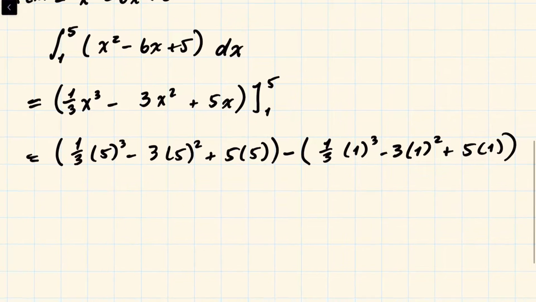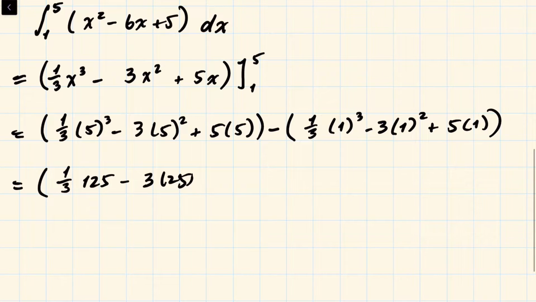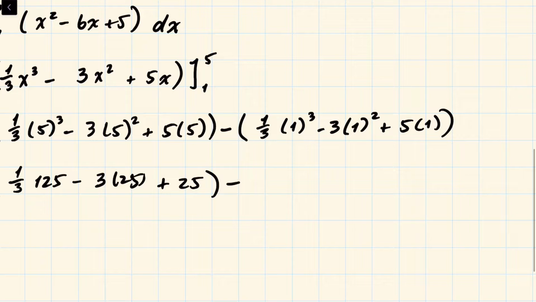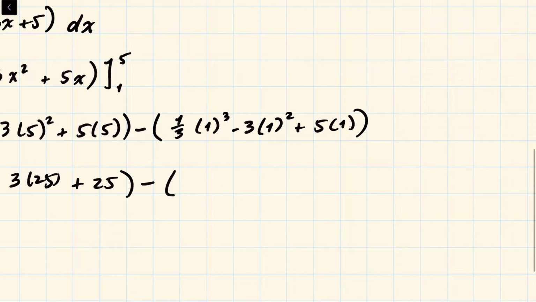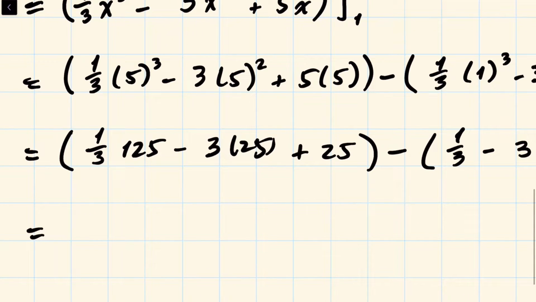Okay, and let's evaluate this. So 1/3 of 125 minus 3 times 25 plus 25 here. And then we're subtracting 1/3 minus 3 plus 5. Okay, let me compute this really quickly.